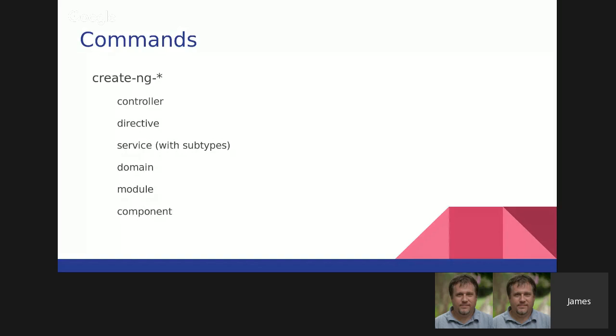And then create ng module component. All of you are with Angular, but Angular 2 is really all about components, and that's kind of the future. And in Angular 1.5, they are releasing a type called a component.